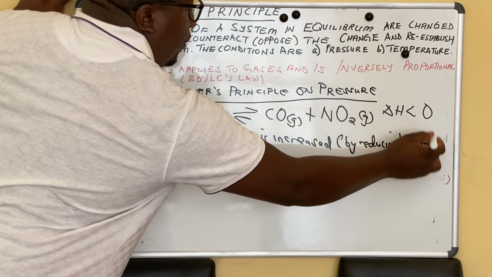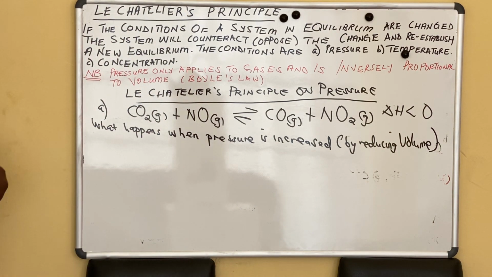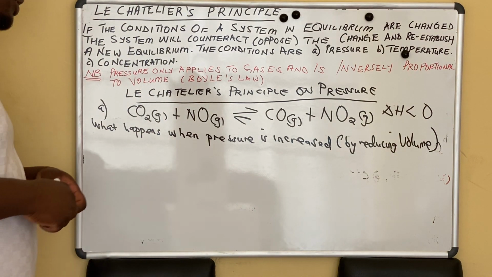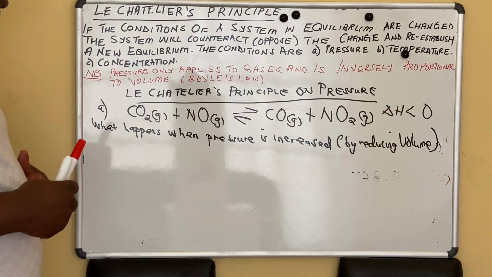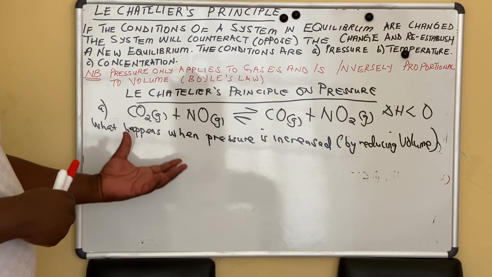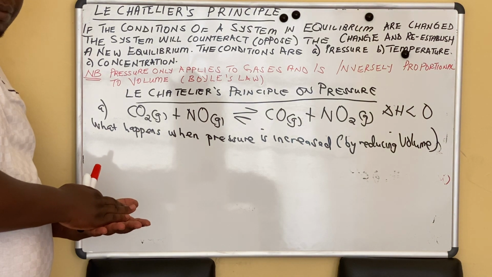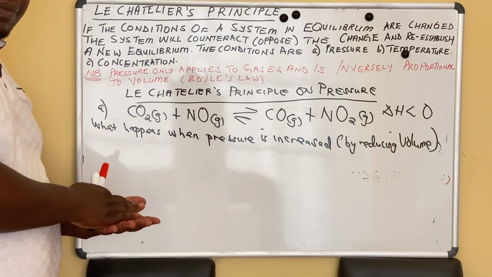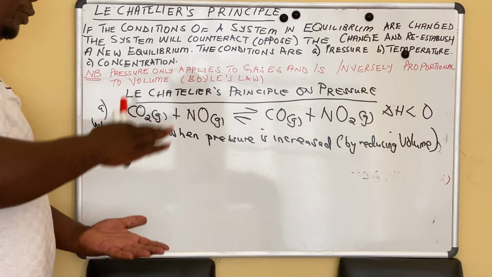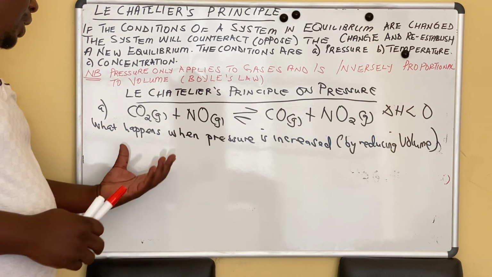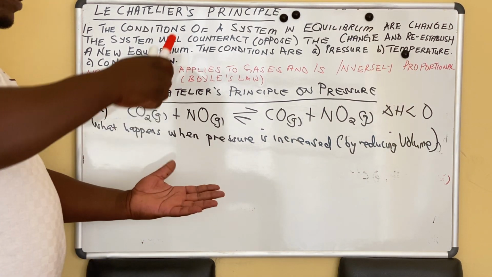According to Boyle's law, you remember ideal gas equations, the pressure of a fixed mass of gas is inversely proportional to the volume. So if we want to increase the pressure, we have to reduce the volume. Are we together then? That is at constant temperature. We have to reduce the volume. So what we are doing now, we are reducing the volume.